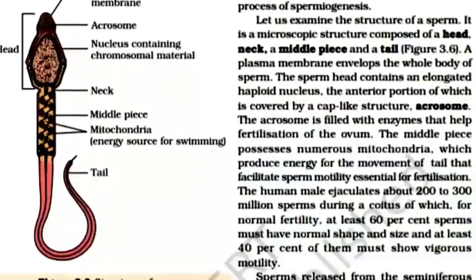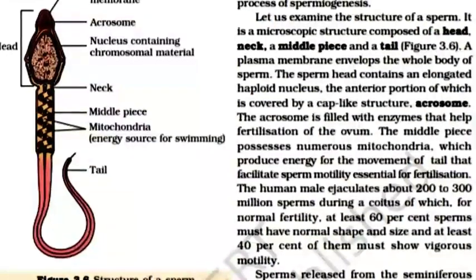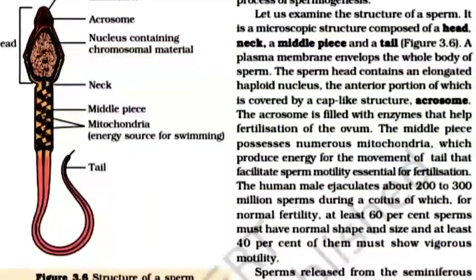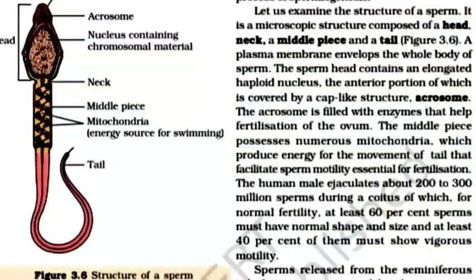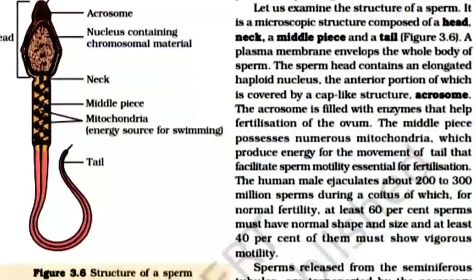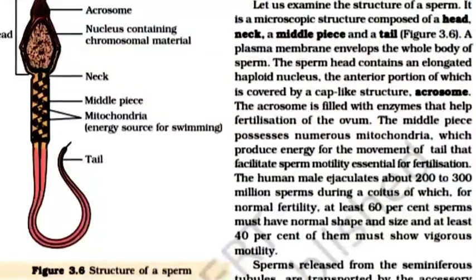The acrosome is filled with enzymes that help fertilization of the ovum. The middle piece possesses numerous mitochondria which produce energy for the movement of tail that facilitates sperm motility essential for fertilization.